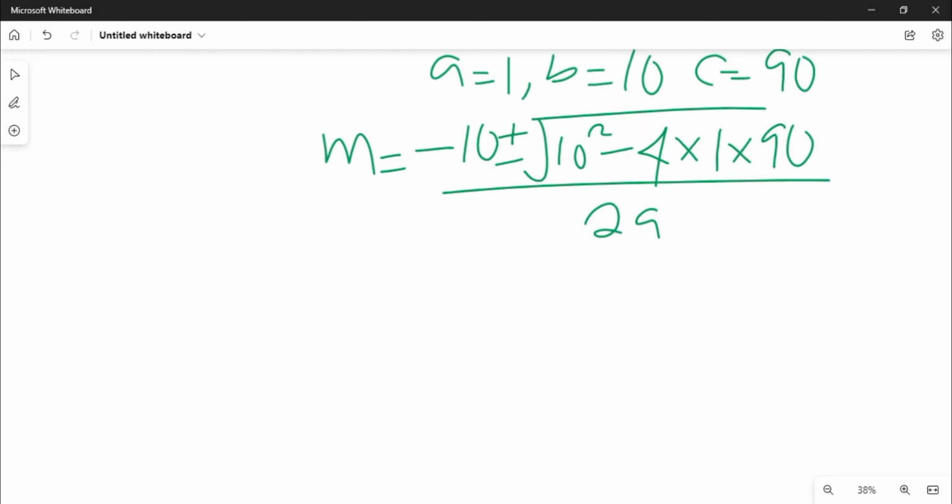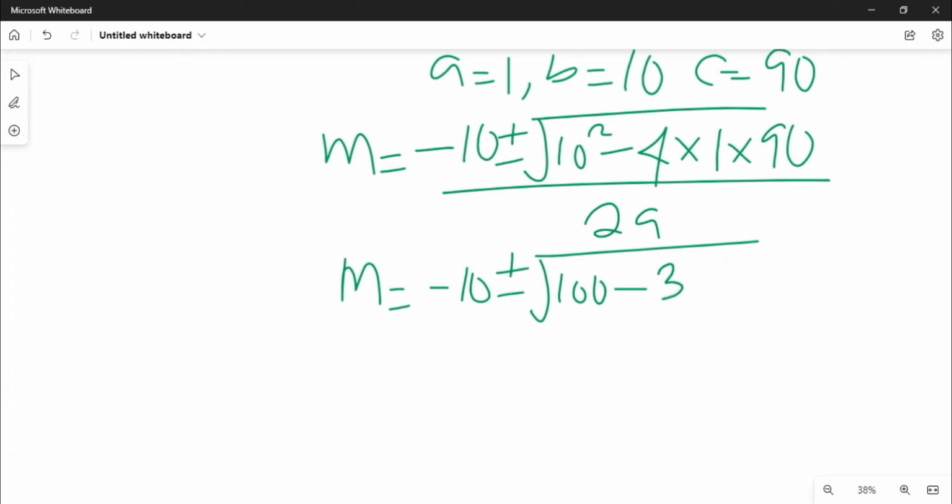If we simplify this, we are going to have m equal to minus 10 plus or minus the square root of 100 minus 4 times 1 times 90, which is 360, all over 2a.